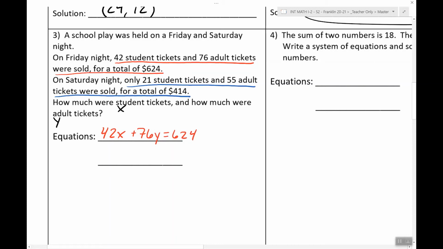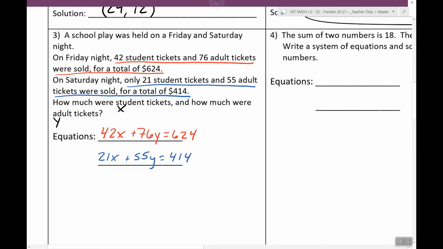So 42X plus 76Y equals 624. Now, Saturday's equation, there were only 21 student tickets, so 21X plus 55Y equals 414. So fewer people on Saturday night.